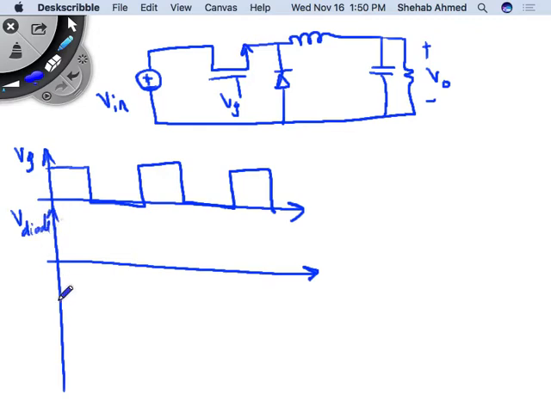What does the diode voltage look like? It's the opposite. This is switch on. If the switch is on, the diode is off, which means it has voltage across it. That voltage is equal to Vin in this case for the buck converter, yes. Right. So this is Vin.